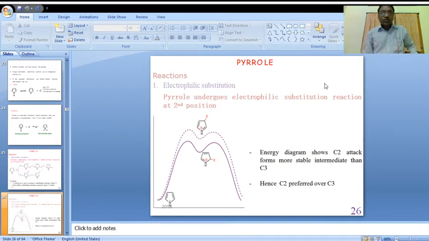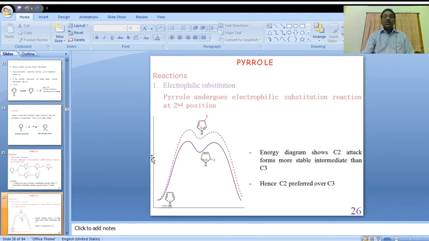Now let us go to another piece of evidence for the formation of a larger amount of C2 product. What is the reason here? With the use of an energy diagram we can explain it easily.